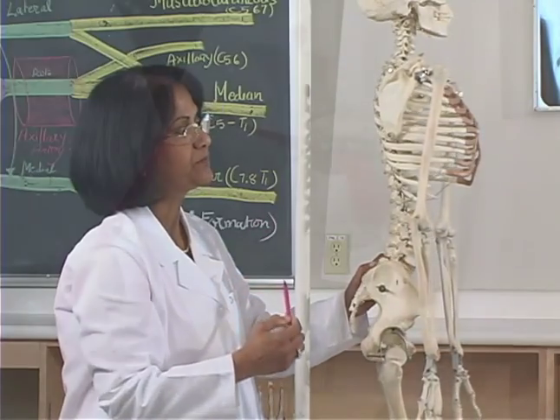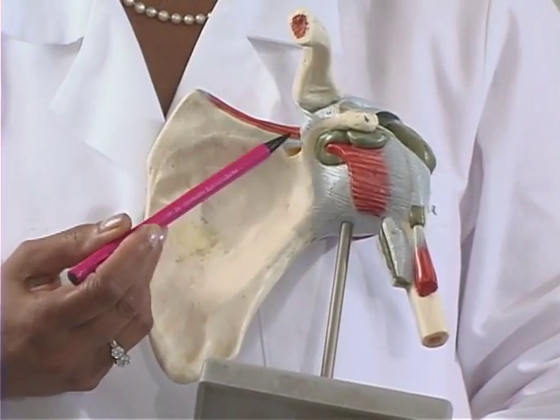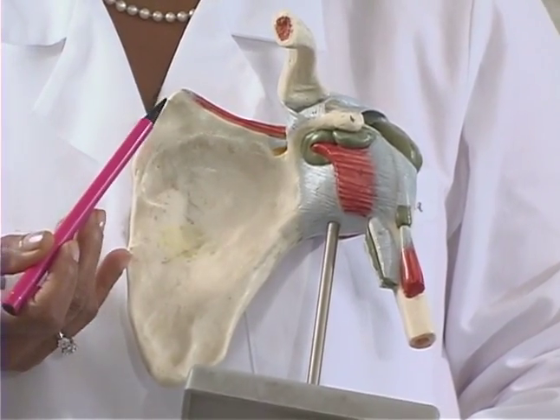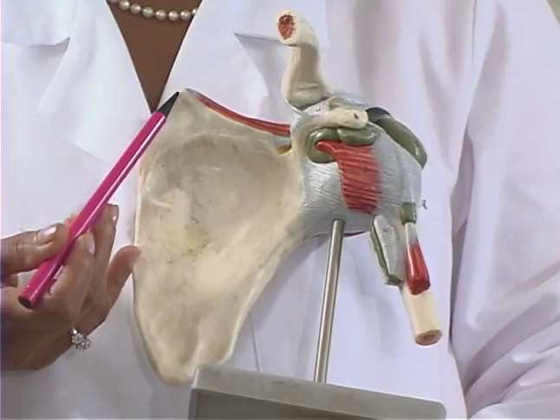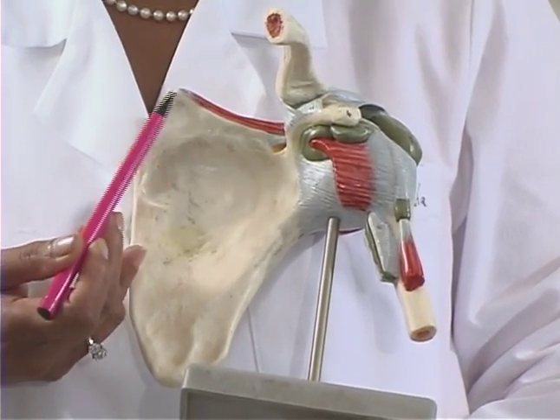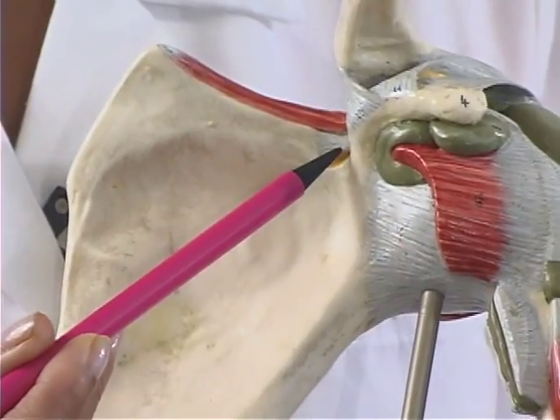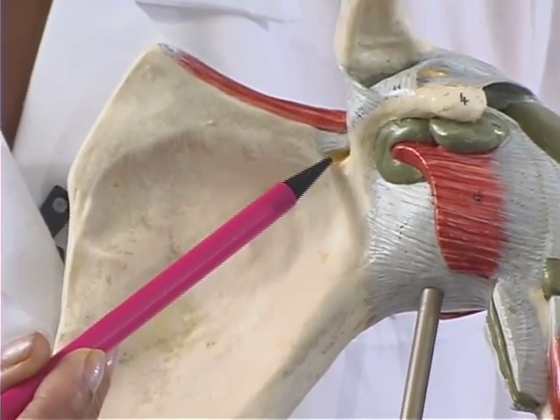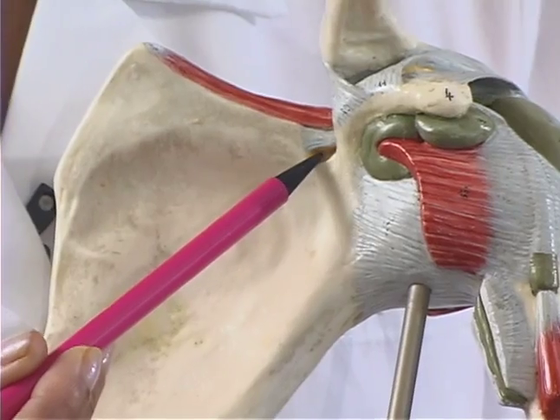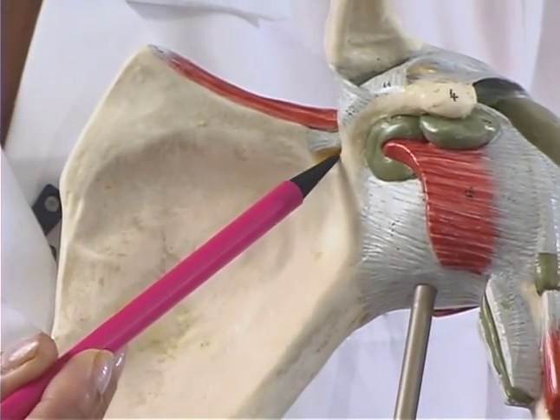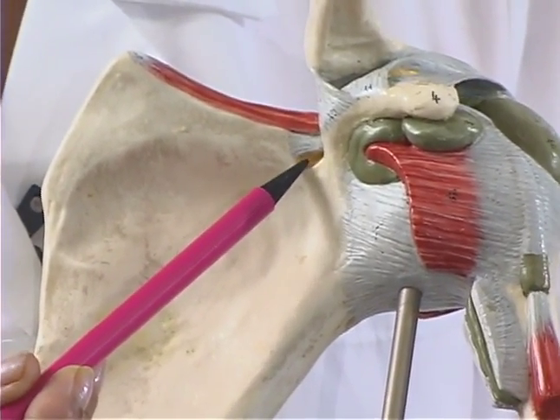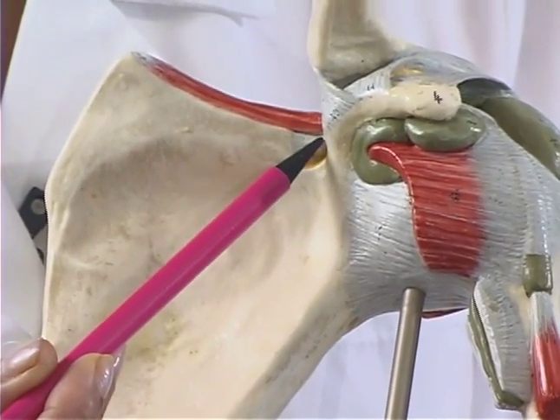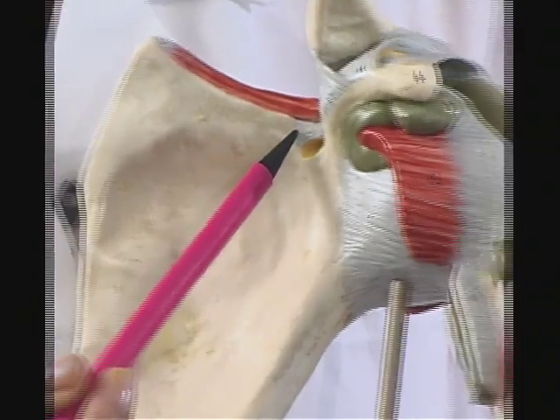infraspinatus muscle. On this model, we are looking at the internal surface of the scapula. This is the superior angle, and my pointer is going over the superior edge or superior border of the scapula. When I come to the lateral edge, this is the area of the suprascapular notch containing the suprascapular nerve, and the ligament shown here in white attaches to the base of the coracoid process to the superior edge and changes the notch into a foramen.